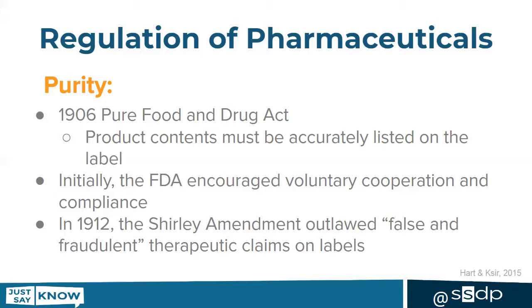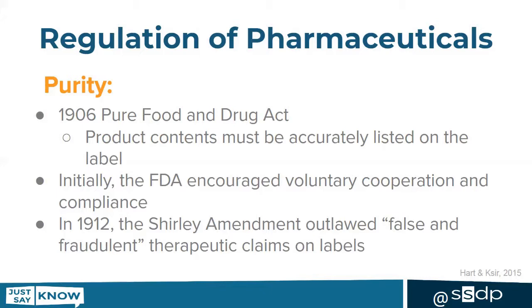The therapeutic claims piece wasn't really covered in the initial law, so that was one thing that they added later on. So the Shirley Amendment in 1912 was included to outlaw false claims. But it was still up to the government to prove that those claims were false and fraudulent.